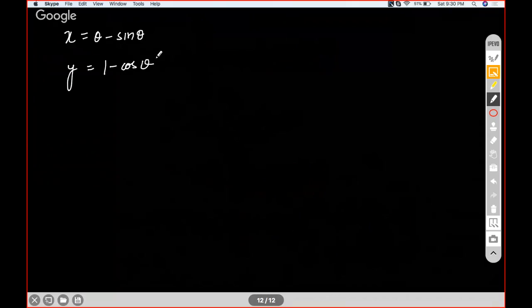What's a cycloid? You have done your electromagnetism, right? No, sir. Achha, now you have not done it, right? Oh, I forgot. Cycloid is like this.